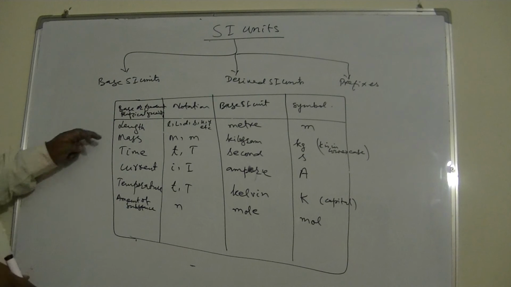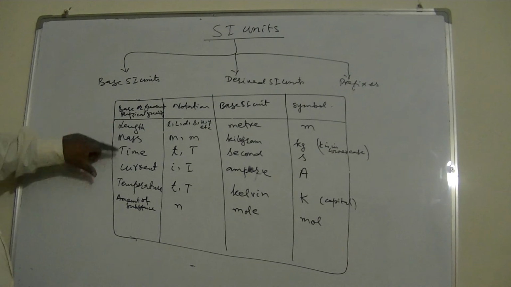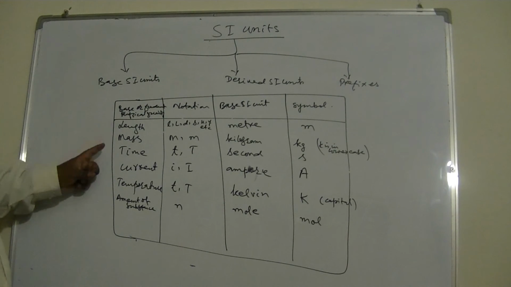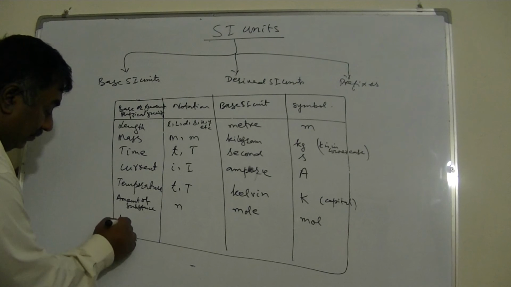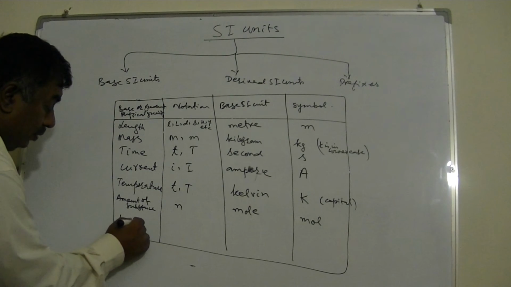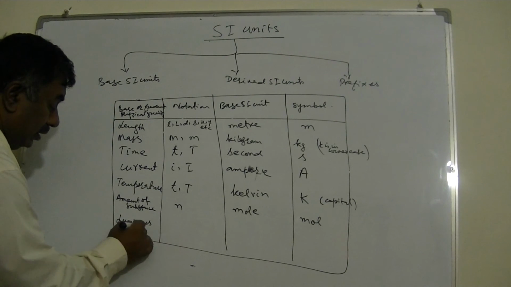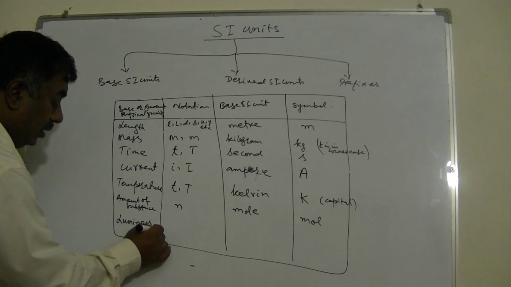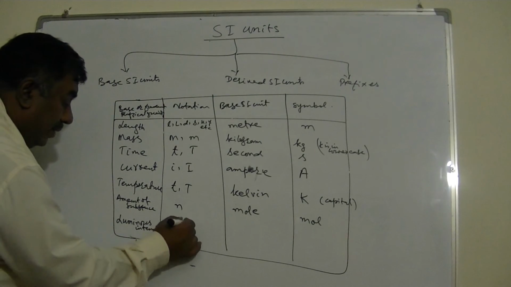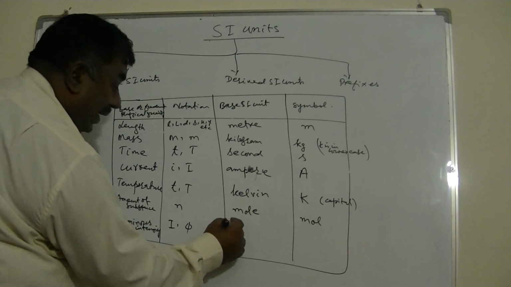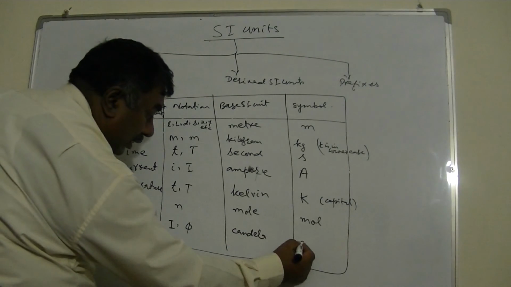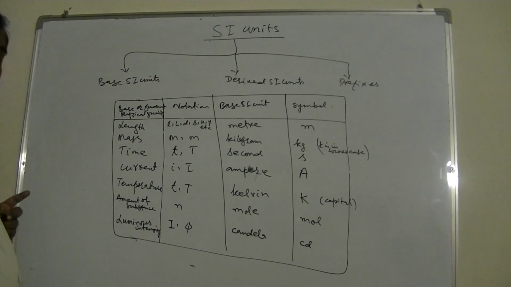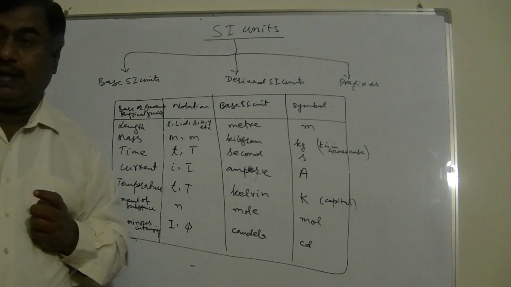These units, 1, 2, 3, these 5 units are in the AS level course, and this amount of substance is in the A2 level course. And another physical quantity is luminous intensity. It is denoted by I or phi. Its base SI unit is candela, and here's an exception. Here c and d are both in lowercase.